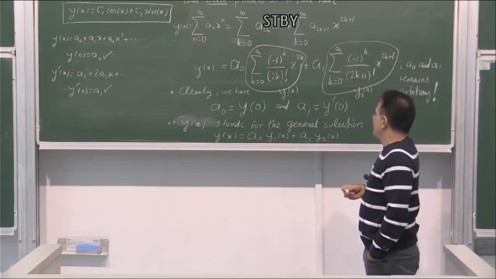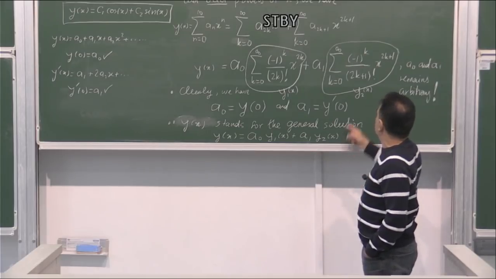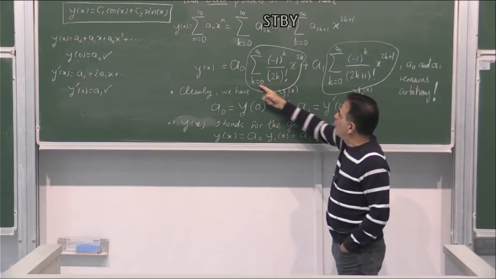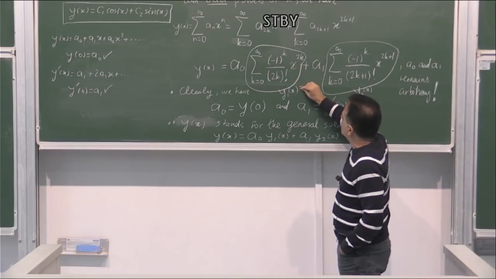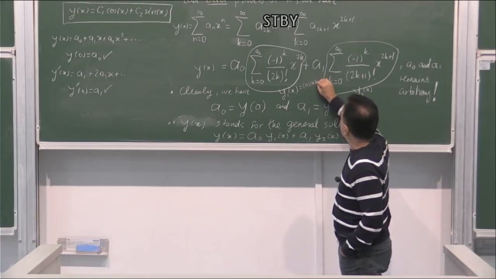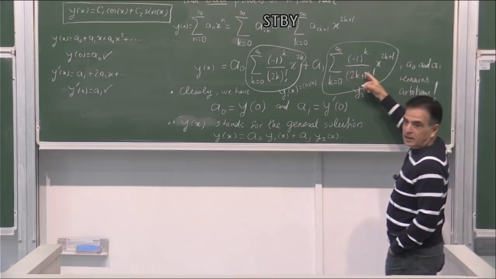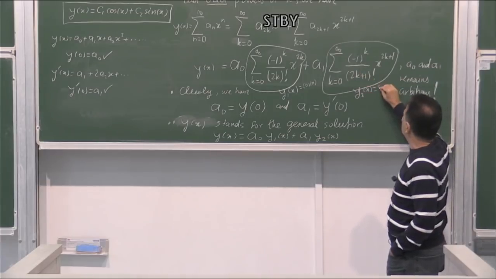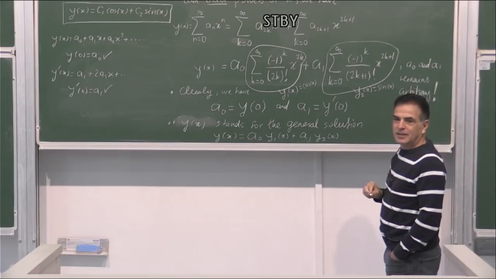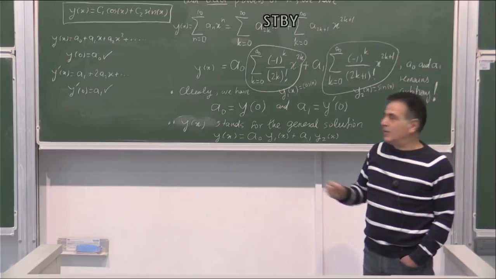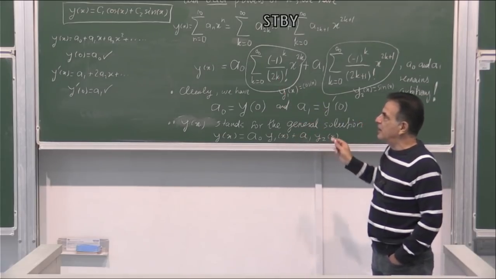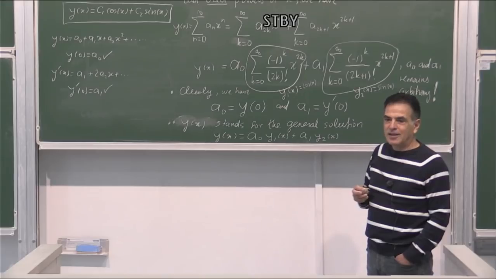Okay? And it is obviously true that we recognize this series as the Maclaurin series for cosine x. And the second one is very well known. It is the Maclaurin series of sine x. So we obtain the very well known solution, which is the combination of cosine x and sine x. Okay?